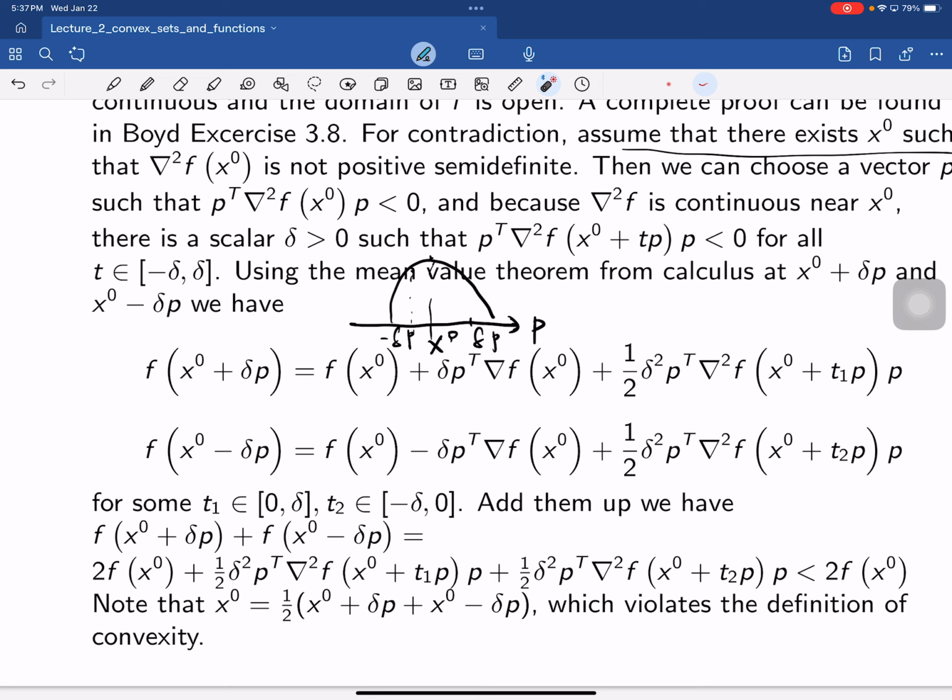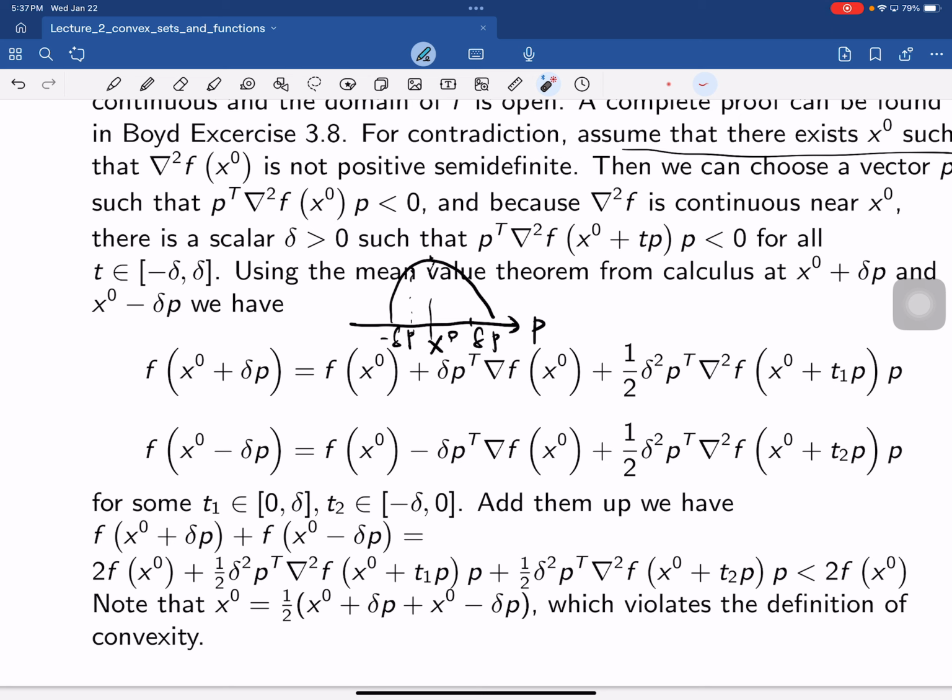Okay, so again, just to summarize the idea of this proof, we want to show the Hessian must be positive semi-definite. But showing that is not straightforward, because to certify the PSD property, you need to check all the vectors in Rn such that p transpose the Hessian p is non-negative, right? Checking all the vectors is hard.